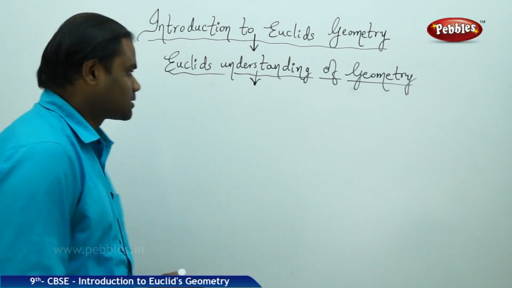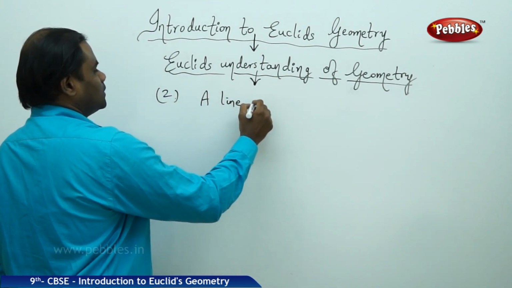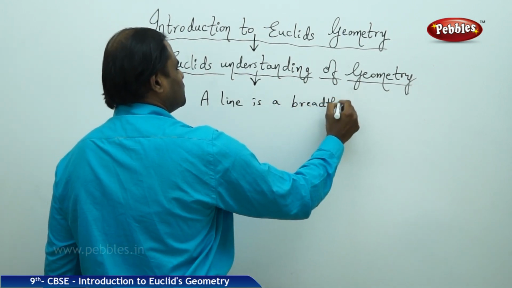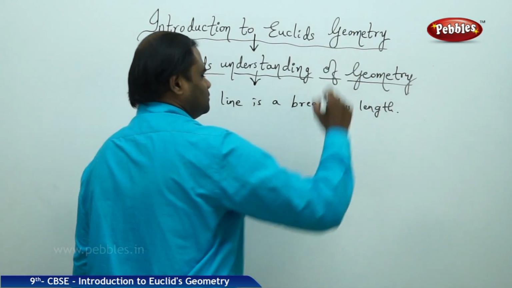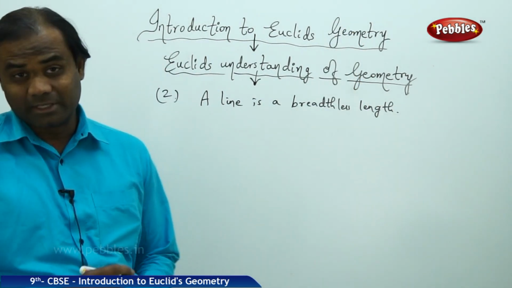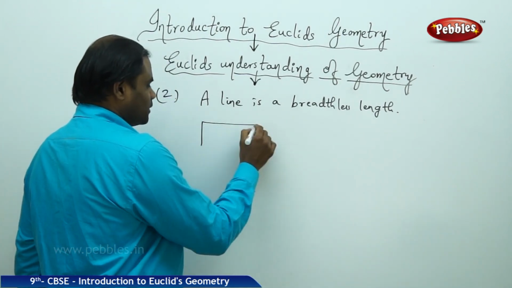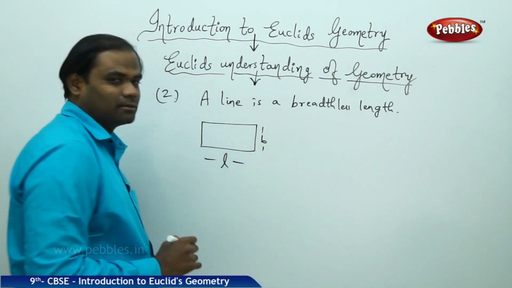Secondly, Euclid has come out with a line is a breadthless length. What do we mean by breadthless length? For example, I take a rectangle. This is the length and this is the breadth.